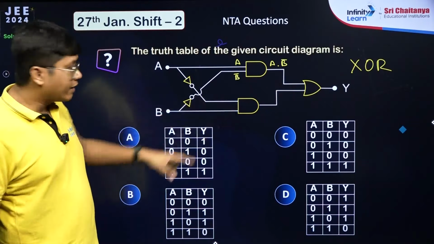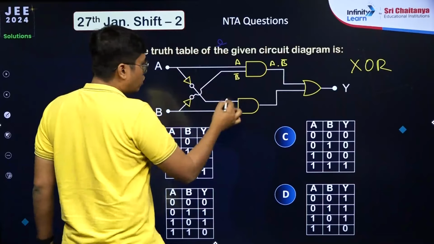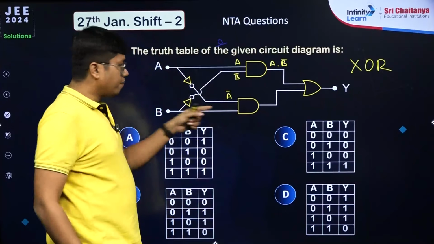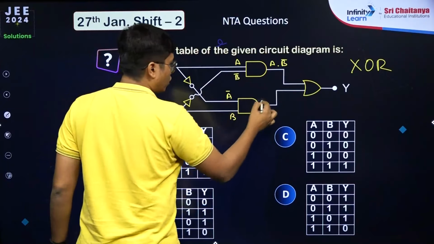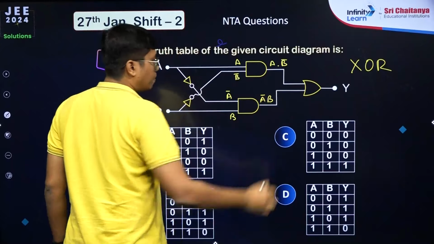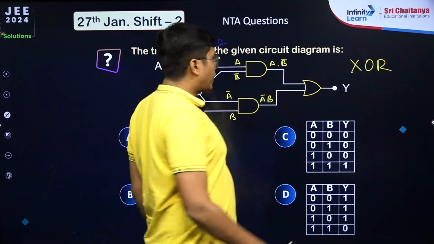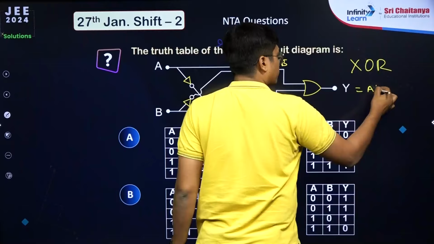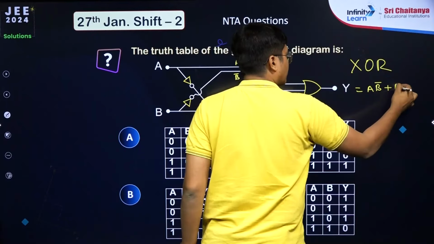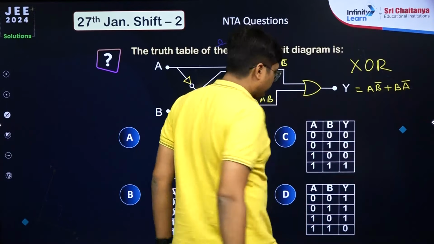Whereas for the second AND gate, A comes through a NOT, so an A bar comes in here and a B goes straight forward. So we get A bar B. Both of them pass through an OR gate to get Y is equal to A B bar plus B A bar.